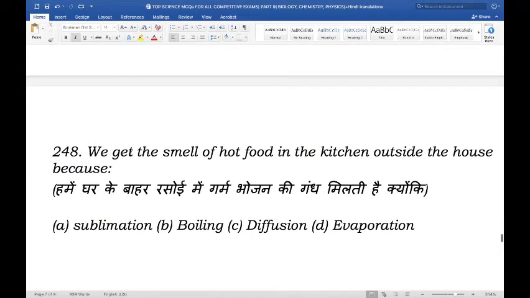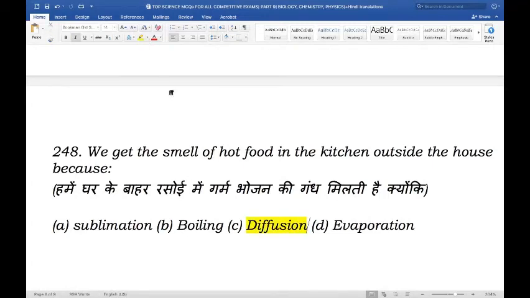Next question. We get the smell of hot food in the kitchen outside the house because: is it because of sublimation, boiling, diffusion or evaporation? So the smell of hot, tasty food in the kitchen can be smelled outside of the house because of diffusion.